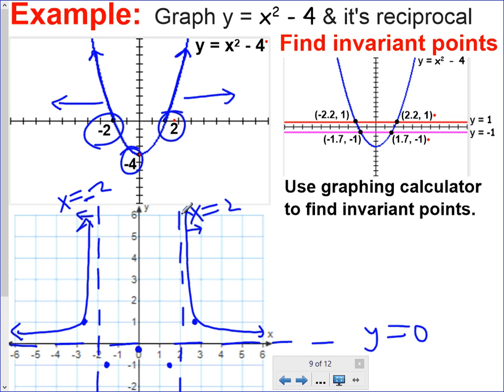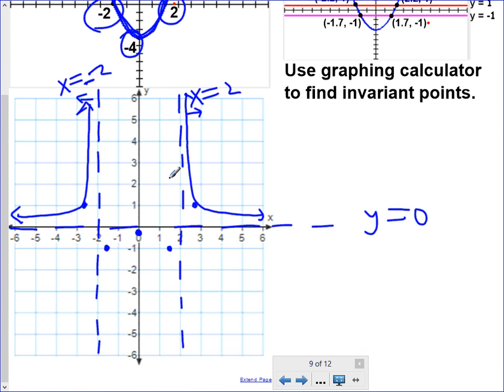Okay, and then the last section is in between the x-intercepts. So you can see here I'm starting big, getting small, and then turning around and coming back. So start small, get big, come back around. So I'm going to do the opposite over here, and it's going to go in this direction.